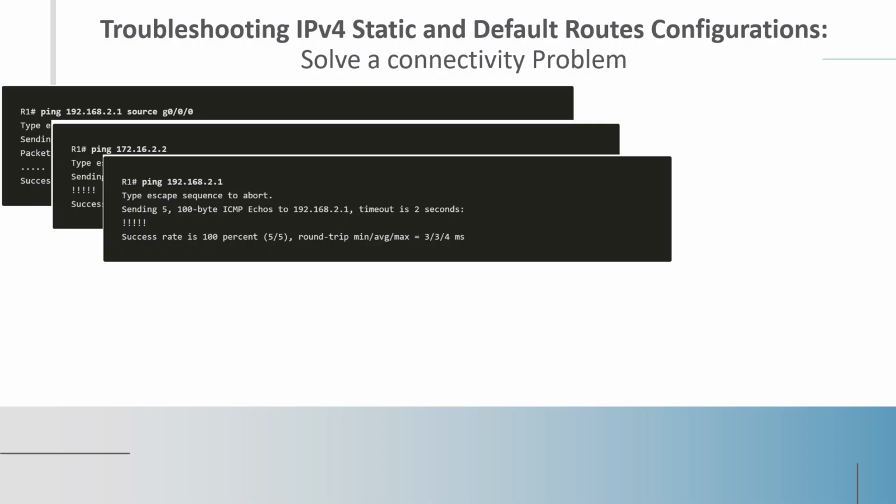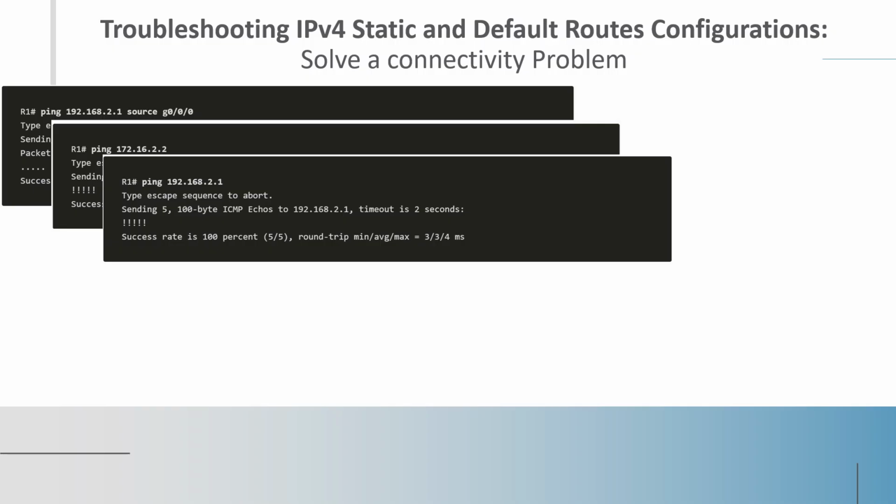The ping is sourced from the serial 0/1/0 interface on router 1. Router 3 has a route back to the network between router 1 and router 2, which is 172.16.2.0/24. This confirms that router 1 can reach the remote LAN on router 3.